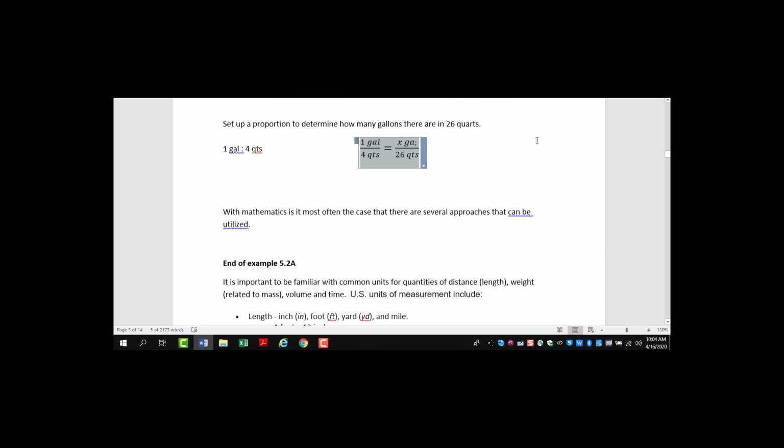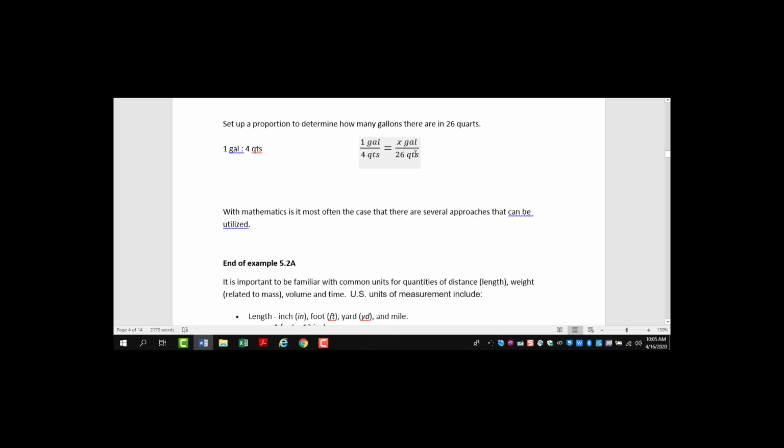Oops. So there is my proportion. And now all we have to do is cross multiply and divide to find out how many gallons there are in 26 quarts. I can't multiply 4 by any number that I can think of easily, so I'll just cross multiply and divide.